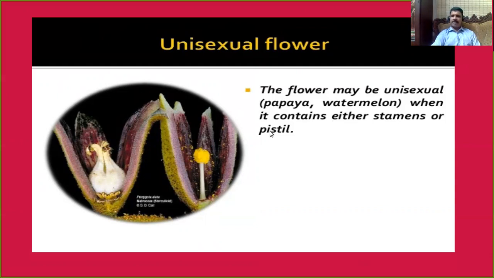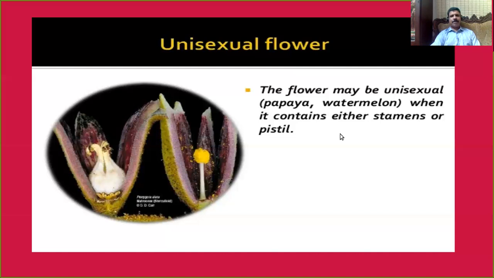A flower which has a pistil we call a female flower, and a flower with stamens we call a male flower. That means the stamen and pistil are seen in different flowers. Such flowers are commonly called unisexual flowers. Good examples are papaya and watermelon.